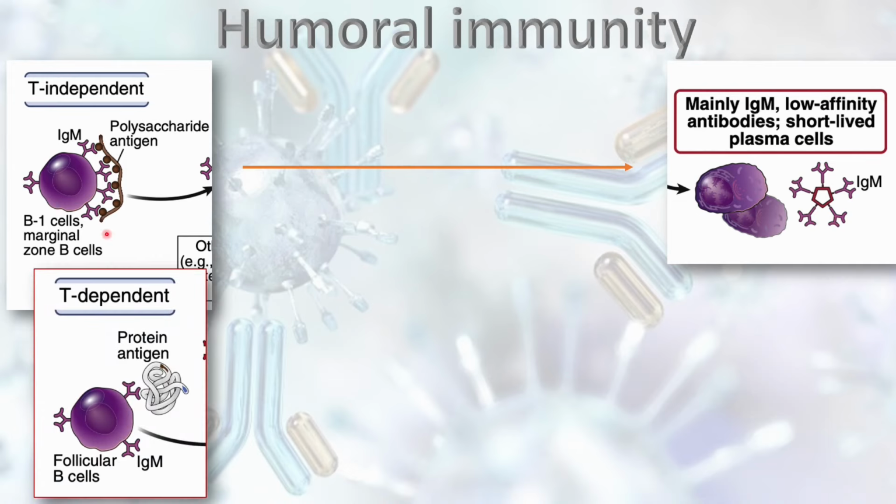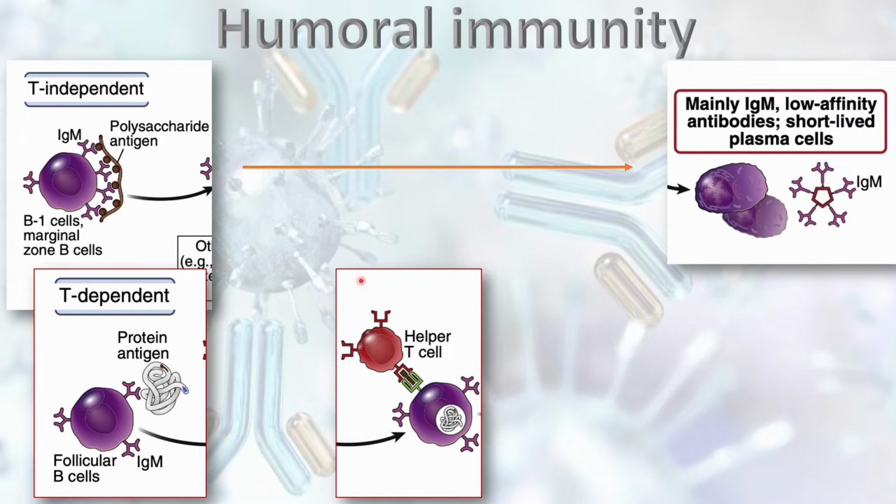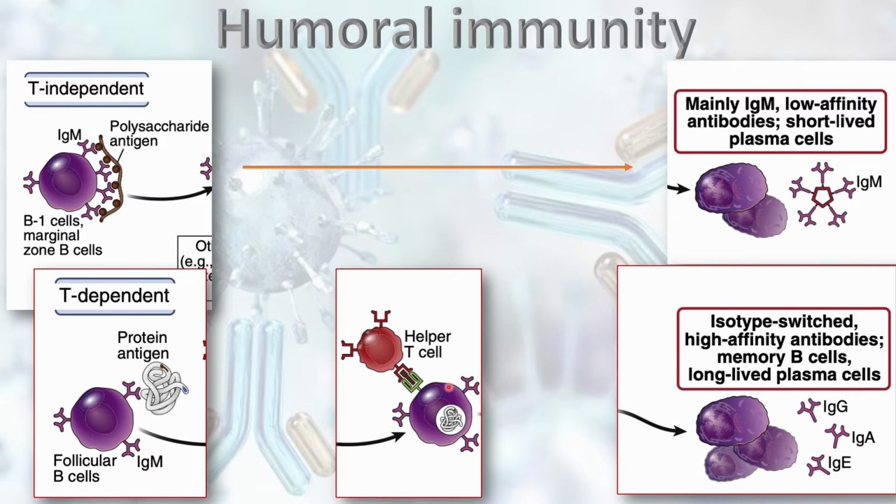But what if we have a protein antigen? In such a case, the CD4 T cell will be able to help the B lymphocyte. And what do we mean here by help? We mean here that we have different classes of antibodies. It's called isotype switching. Here, instead of doing just IgM, we have IgG, IgA, IgE.